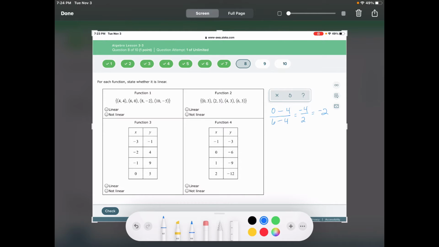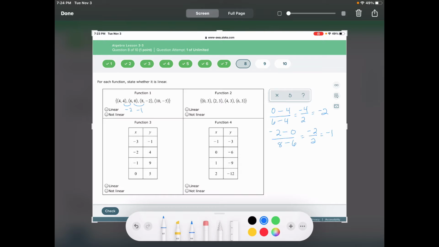So this slope is negative 2. And then let's calculate the next one. Negative 2 minus 0 over 8 minus 6 is negative 2 over 2, or negative 1. So the slope from here to here is negative 1.